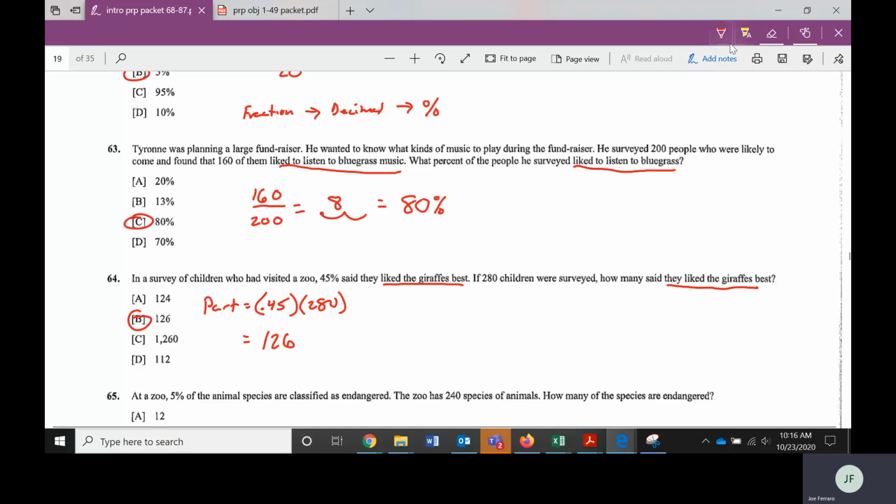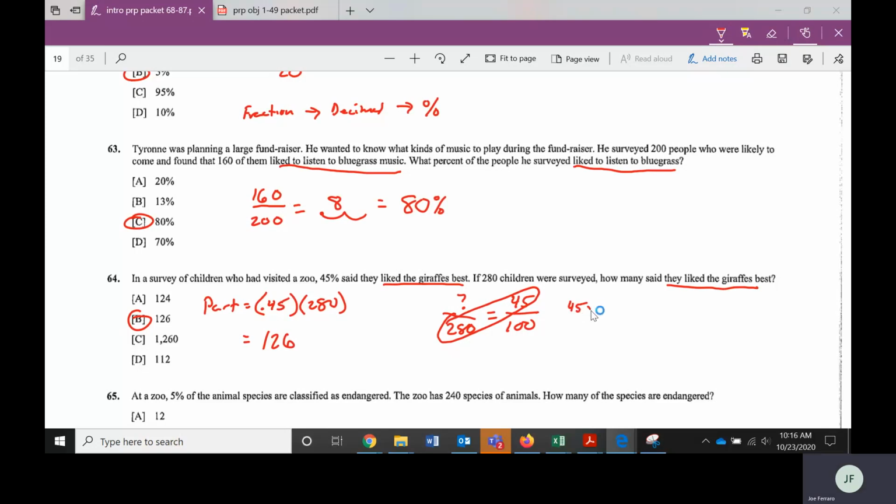Again, I'll do it the second way, just in case you like the percent formula better. If we're doing it the second way, start out with this. The percent is 45. 280 represents the total amount or the whole, and we're looking for the part that is that 45%. So you take the diagonal that has two numbers, you multiply them.